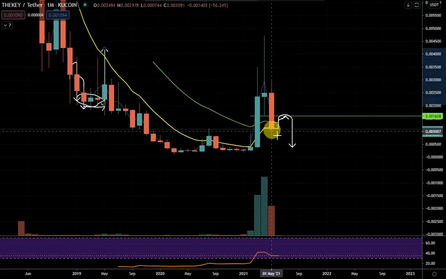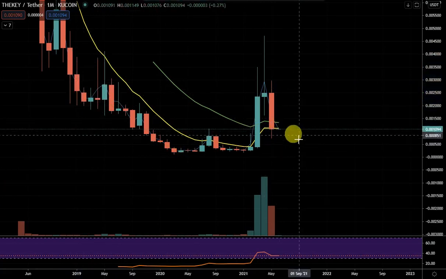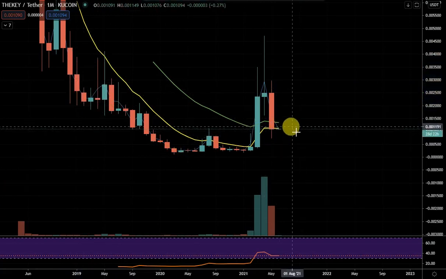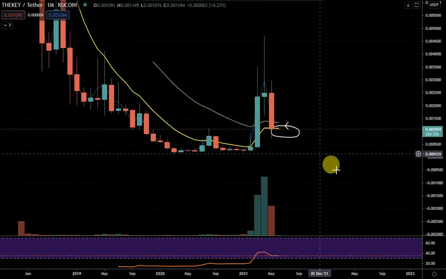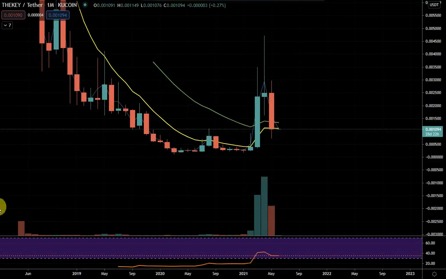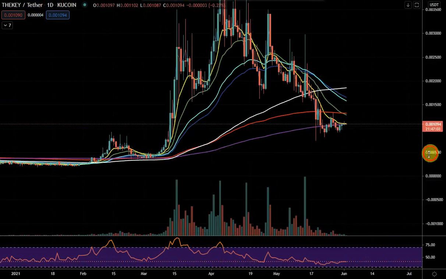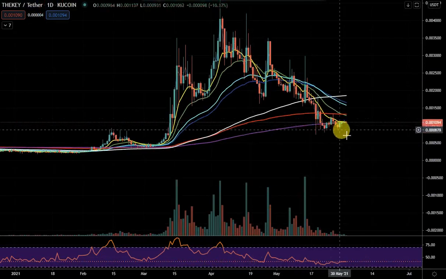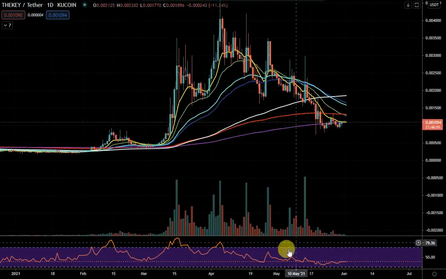So if you're playing it, I would just play it for the bounce until we can see this market is improving and developing. There are bearish structures in this market at this point in time, at least warning structures that you need to be more careful. When you break down below all of these moving averages, it can take time to develop before actually getting a move up.